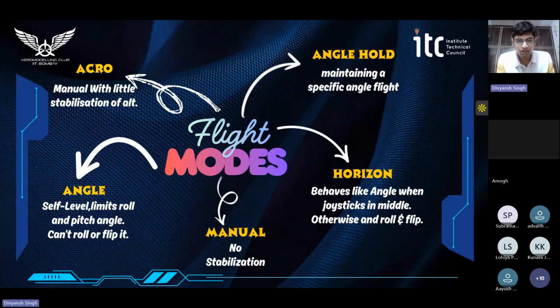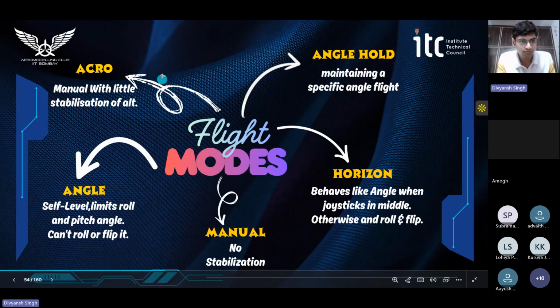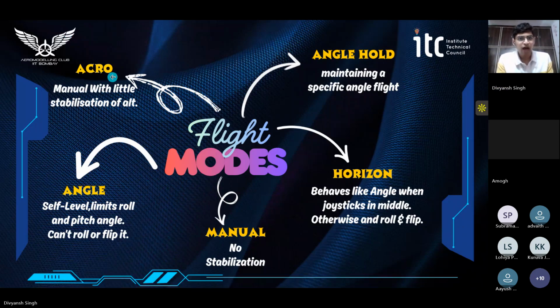The next mode which we will be discussing is the acro mode. Acro mode is the default mode. If you do not change any of the modes in your firmware, the default mode it will be set to is the acro mode. Here, it's basically the same as the manual mode. The pilot controls everything, but it offers a little stabilization in terms of altitude. Assume you are at a certain altitude, and then the pilot is not controlling the pitch.